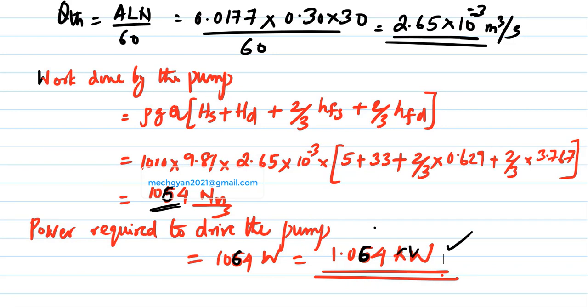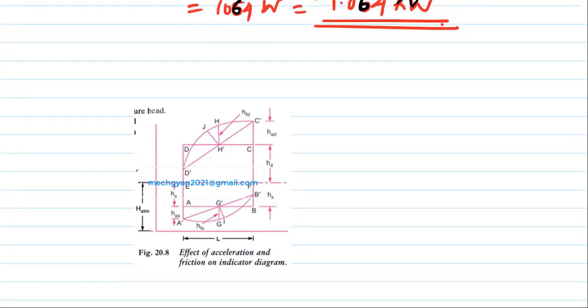So in classroom we have seen this diagram. This one is the suction stroke. At the starting of the suction stroke, it is basically HS here, and this is HAS, and HFS is 0. In the middle it is HS plus HFS, which is shown here. At the end it is HS minus HAS, which is shown here.